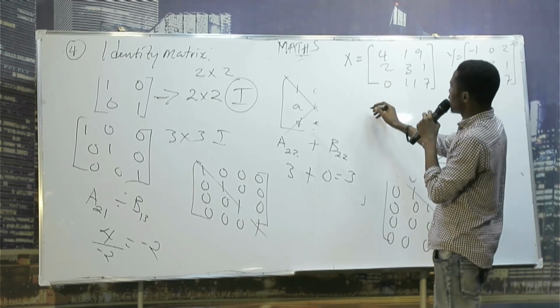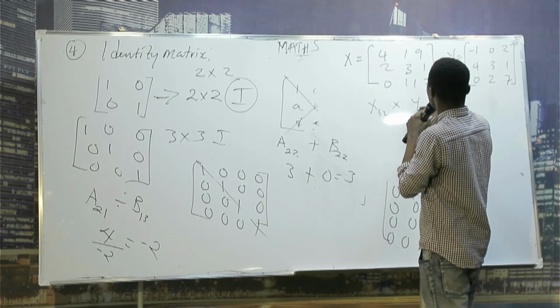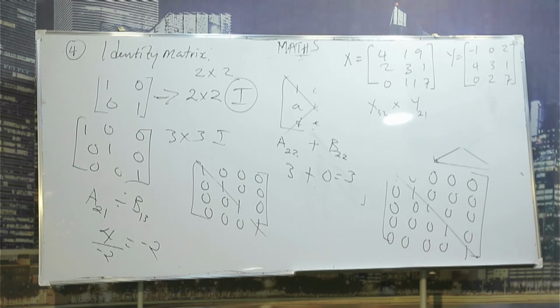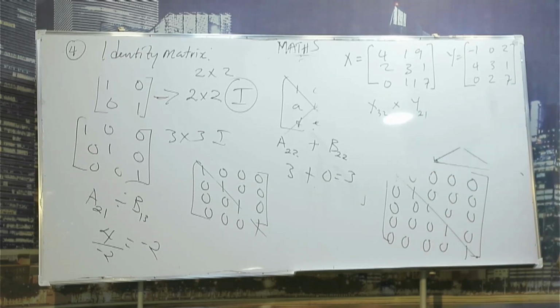Something like this. We find X32 times Y21. X32 times Y21.